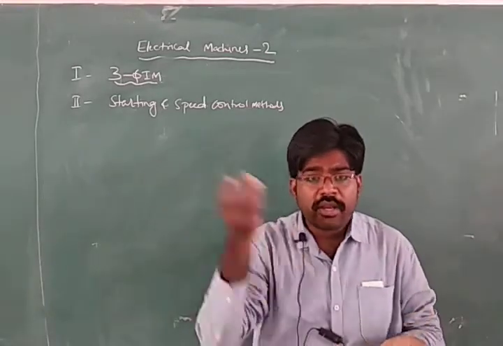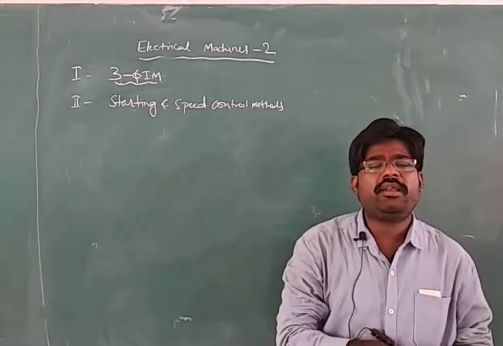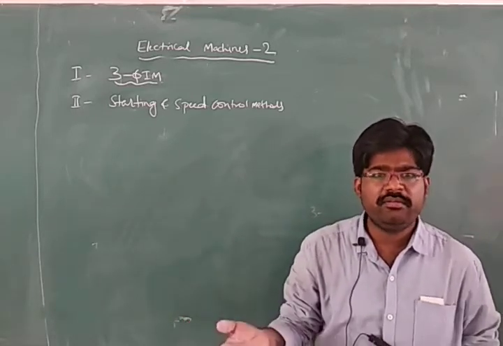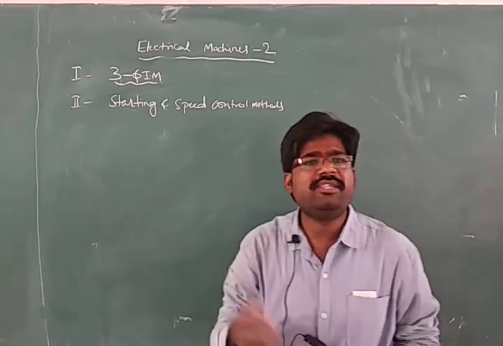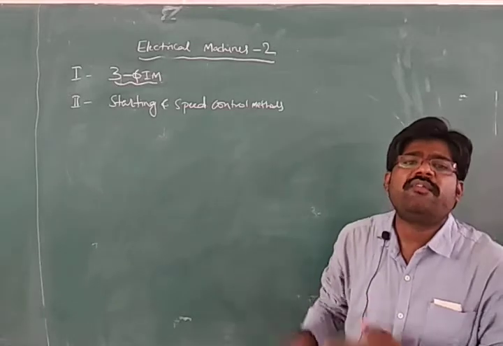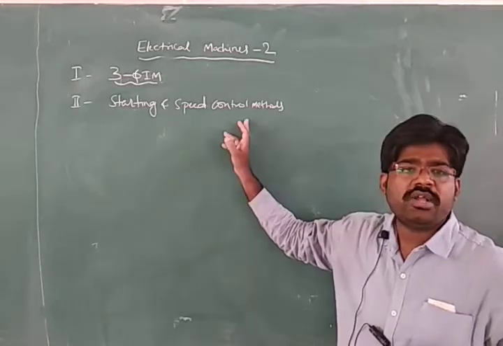The output of the induction motor is what? Converting electrical to mechanical, it gives mechanical output, which means rotating speed only. So how to control that speed, what are the different ways to control the speed, we are going to study in the second unit.